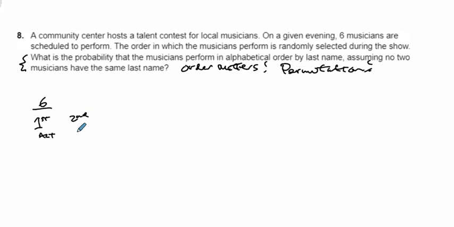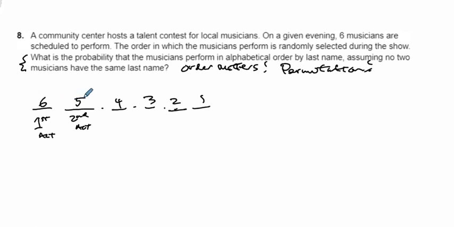Second act, assuming you picked the one that comes first in the alphabet, you now have 5 choices, and then you go down like this: 4 times 3 times 2 times 1, just down to 1. So you've got 6 times 5 times 4 times 3 times 2 times 1, and you just multiply that out because this is a permutation.